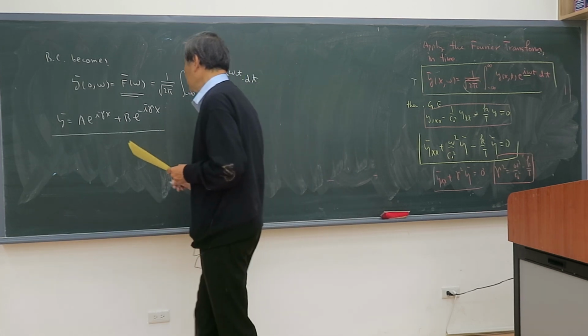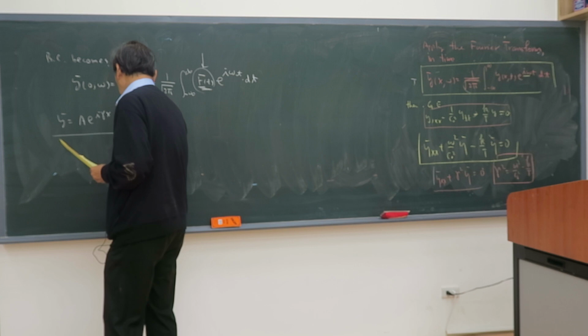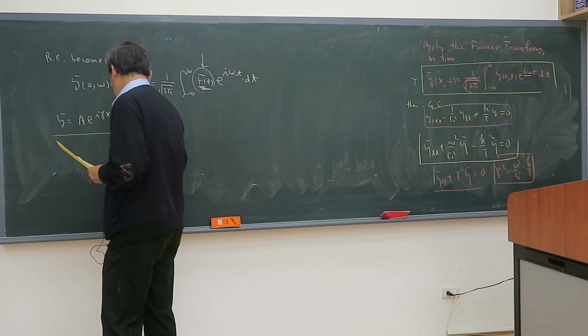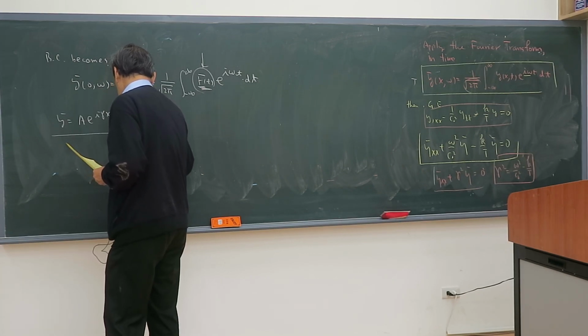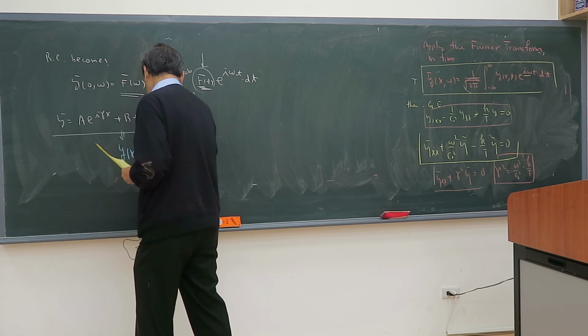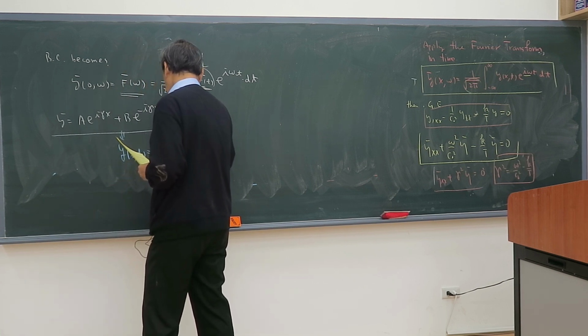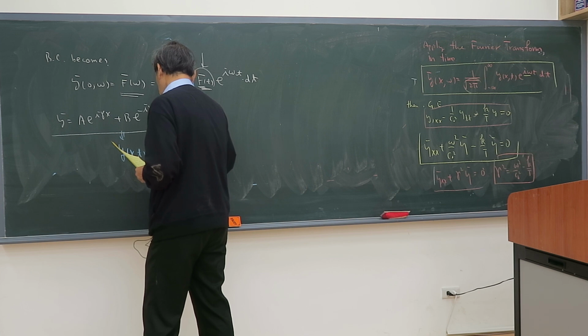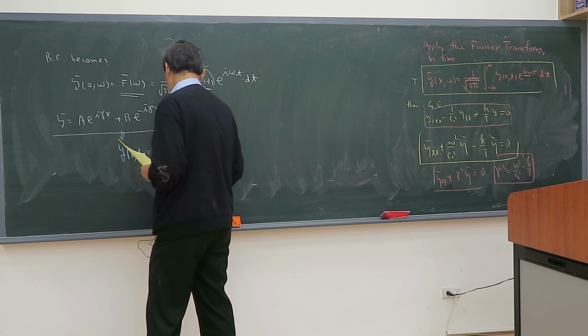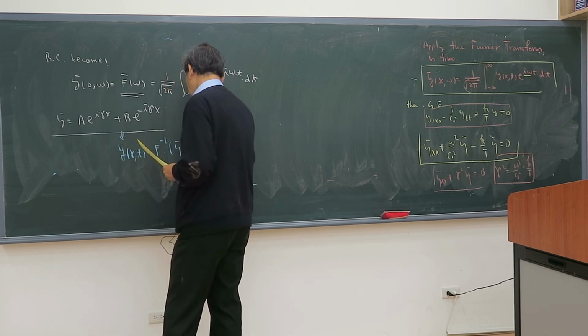Then for this solution, your y(x,t) will be the Fourier inverse of y bar(x, omega).